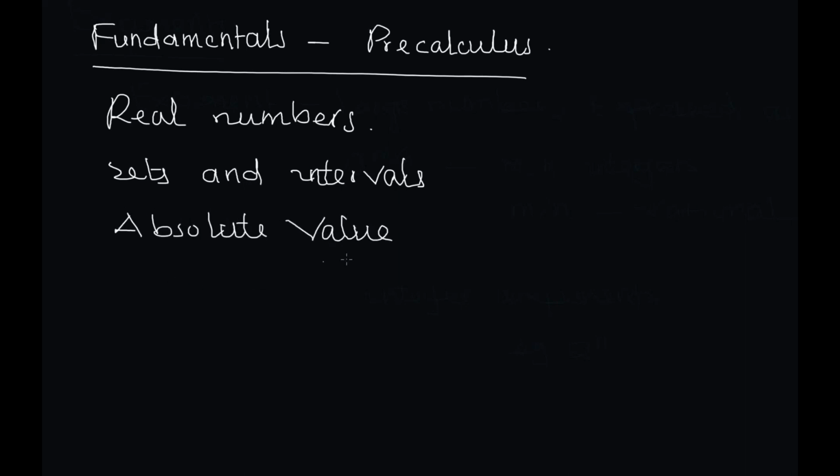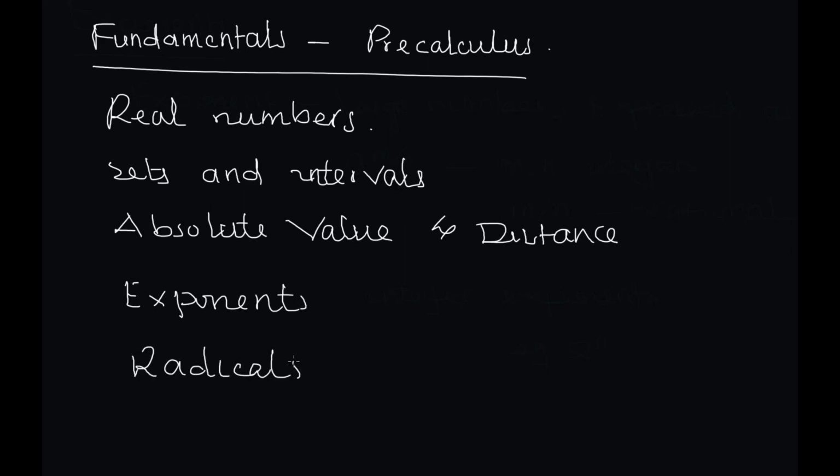We also looked at the absolute value and magnitude, distance, in other words. Here now we want to look at exponents, and this will be followed by radicals in the next video. But then these are actually very closely related, and so they walk hand in hand. That's the radicals and exponents.